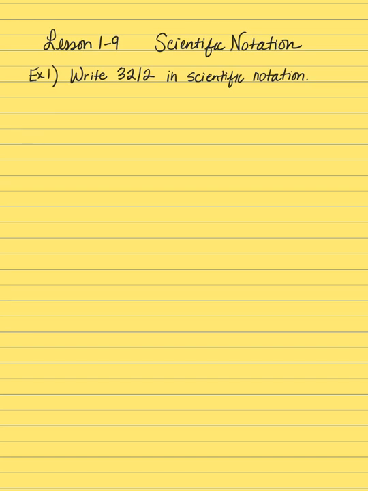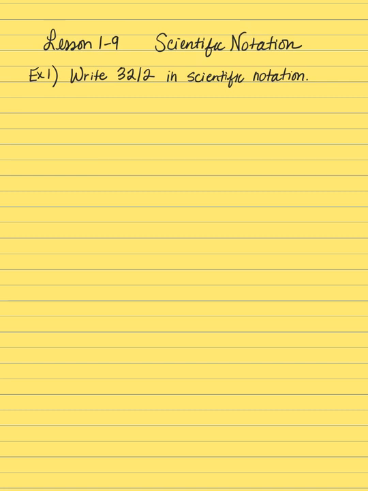Lesson 1-9, Scientific Notation. To begin with, just to give you a little background on what scientific notation is and why we use it if you've never heard of it. Scientific notation is used to write very large or very small quantities in a much easier format.